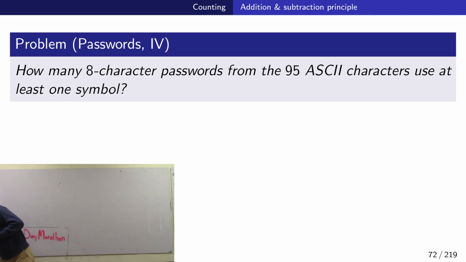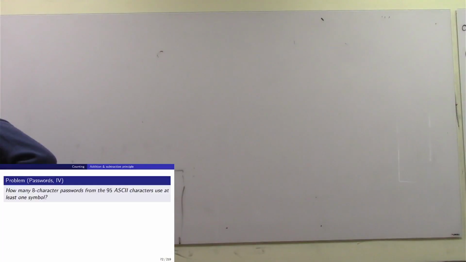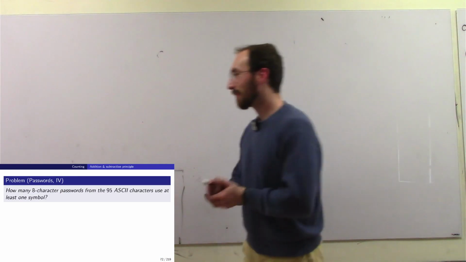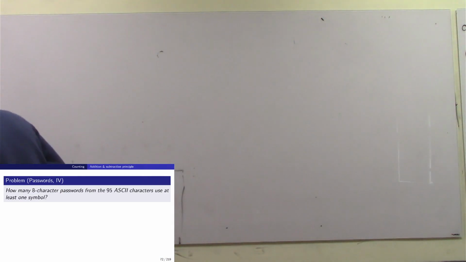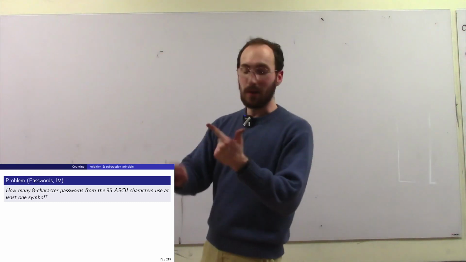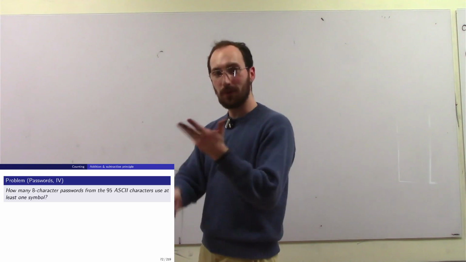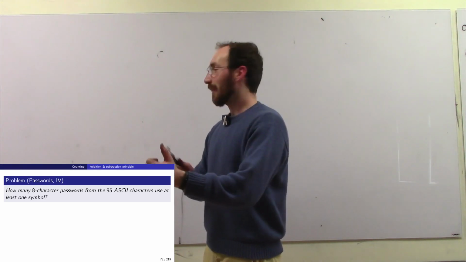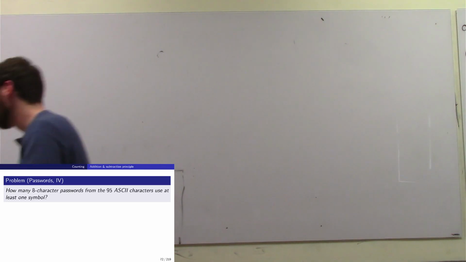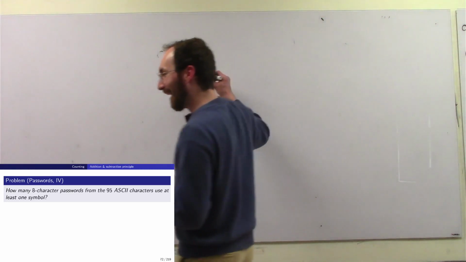See, if we say at least one, I want to do a subtraction here. Why is that? Because if I know how many there are without one, perfect, then I didn't have to do at least one. Because if I want to count at least one directly, I check how many have 1, how many have 2, how many have 3, how many have 4, all the way up to 8. I don't have time for that. Feel free. But I don't want to. So let's do it the easier way.